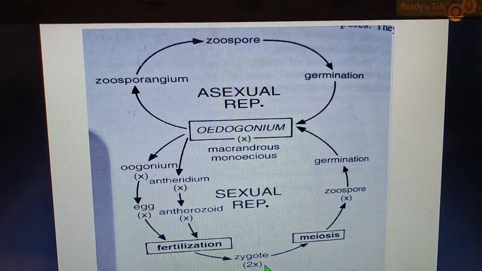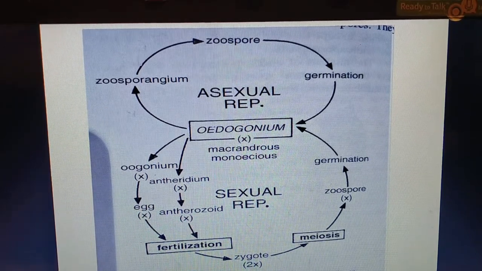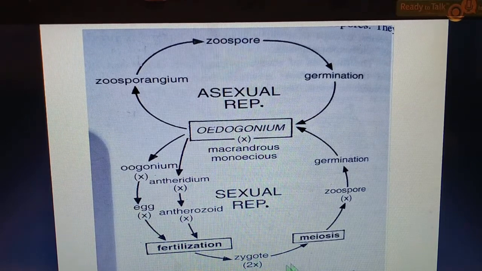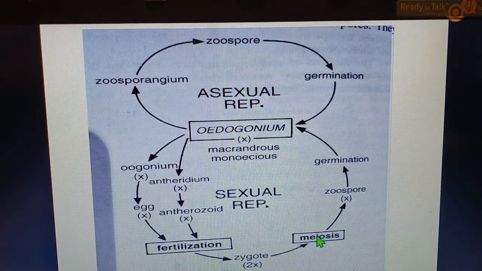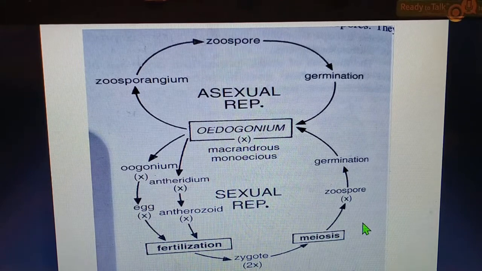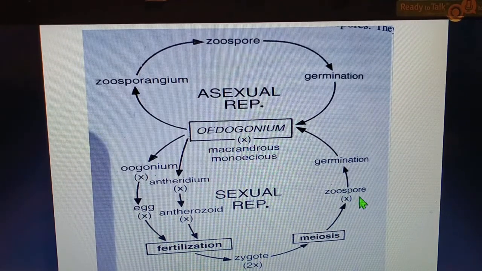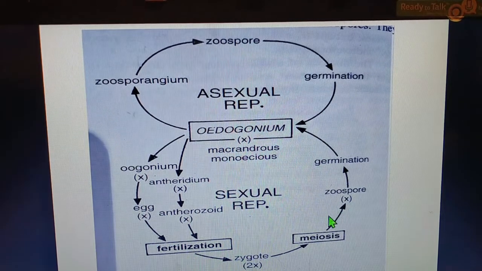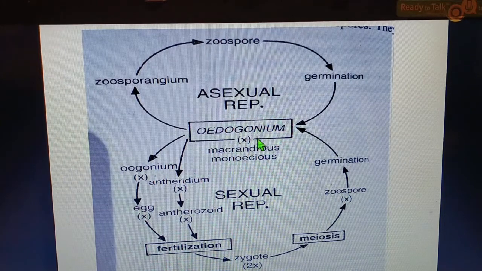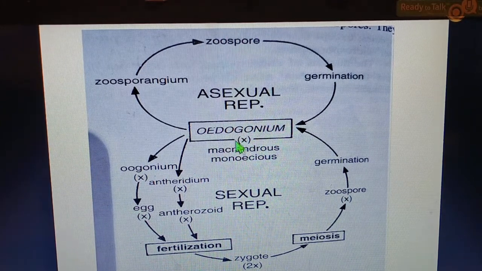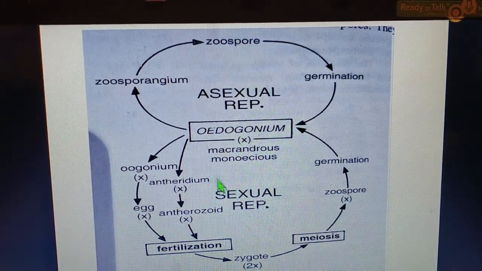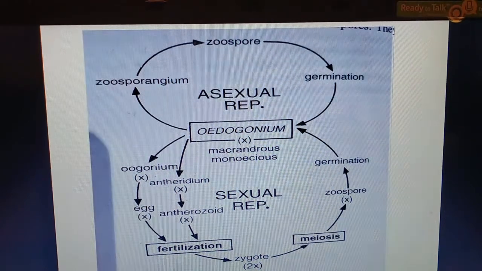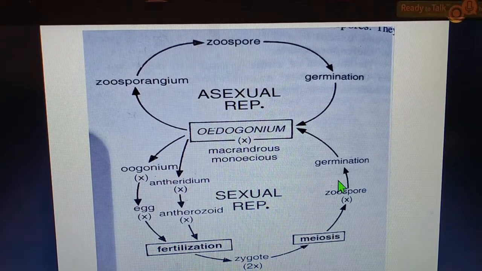So it is short-lived. And the diploid nucleus of the zygote will form 4 haploid zoospores again. Okay, it will give rise to the haploid zoospores again by meiotic division. And these haploid zoospores, we know that upon germination will give rise to a haploid filament. So therefore you can see that the life cycle of Oedogonium is haploid predominant type.